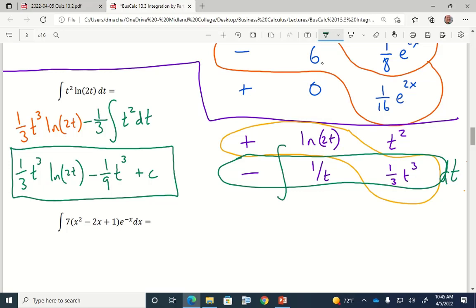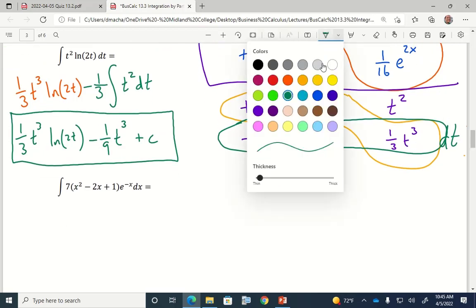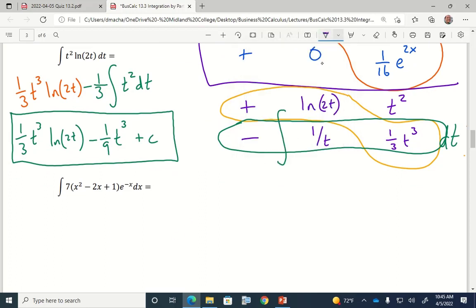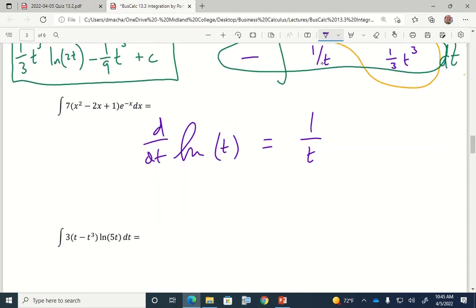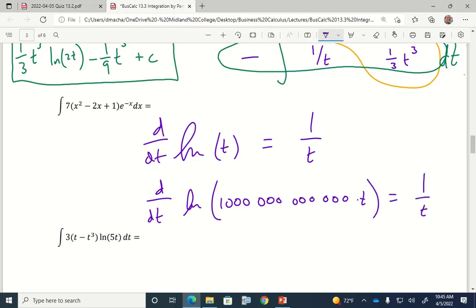I don't know if you guys have noticed this, but I think it's really strange. You know that the derivative of natural log of t is 1 over t. But whenever I take the derivative of natural log of 1 trillion times t, that's also 1 over t.